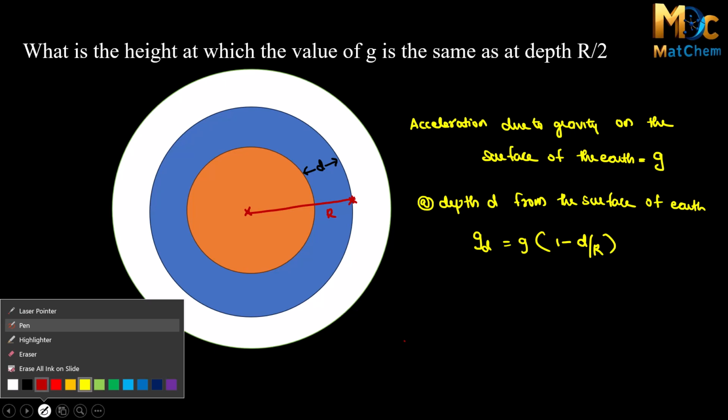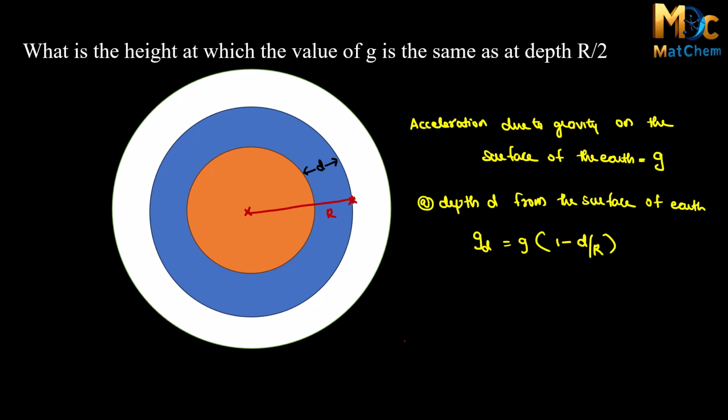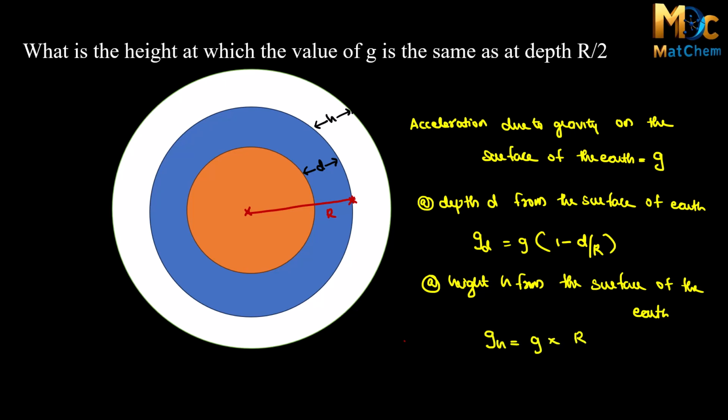Now we are considering the third point, that is at a height of h from the surface of the earth. If you are trying to calculate acceleration due to gravity at height h from the surface of the earth, that is given by g_h is equal to g into R upon (R plus h) the whole squared, where h is the height from the surface of the earth.